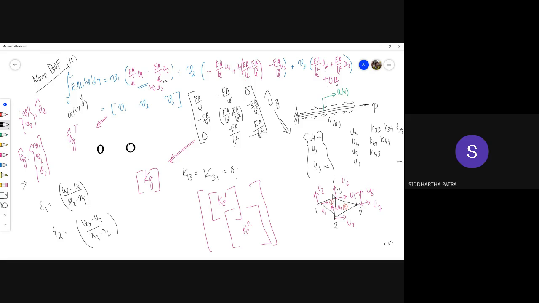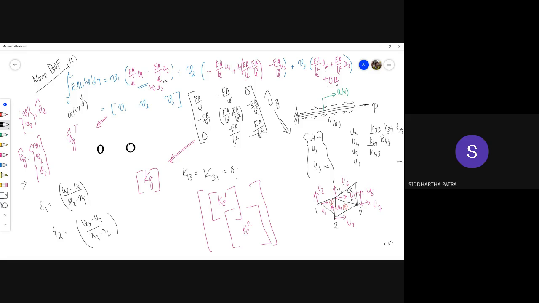And if there are more elements, for example, if node 3 is shared between element 1, element 2, and a third element 3, then for degrees of freedom u5 and u6, the contributions would come not only from element 1 and element 2, but also from element 3. And that would happen not only to the diagonal terms, but also the off-diagonal terms.